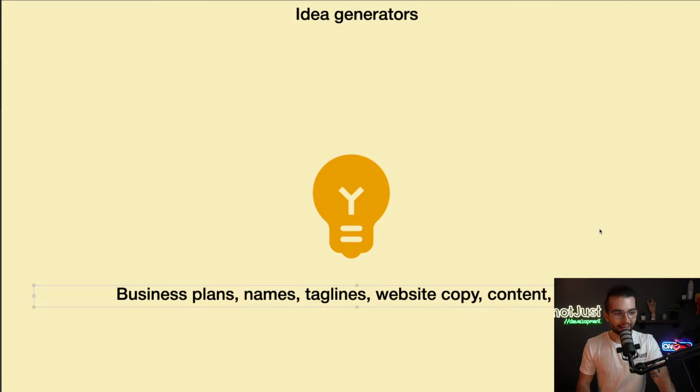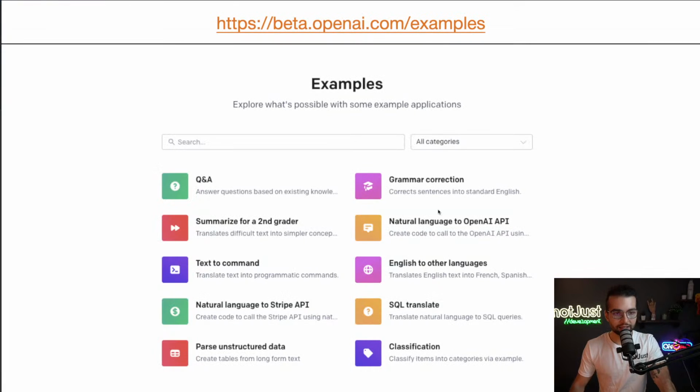Back to the ideas, what I recommend is, if you need some other ideas, check out the example projects on beta.openai. Here you'll see a lot of types of projects that you can build, but you're not limited by these ones. Here, the sky's the limit.